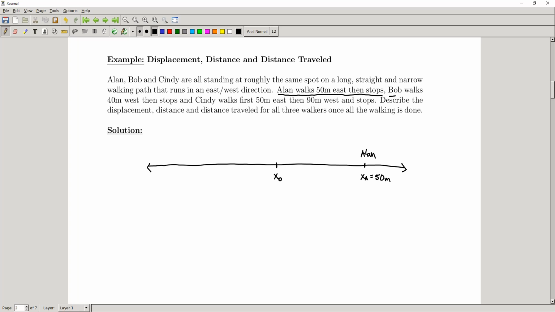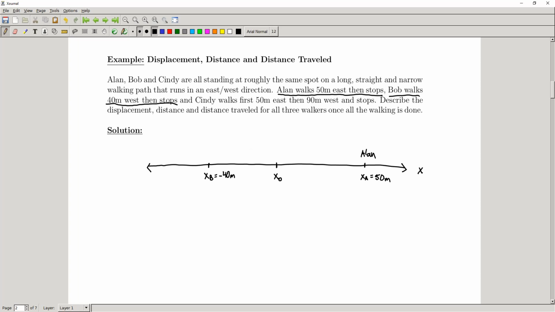Bob walks 40 meters west and then stops. So if this was 50 meters east, maybe this is 40 meters west, except that I should write this as negative 40 meters, because we're moving in our negative x direction on our coordinate system here.